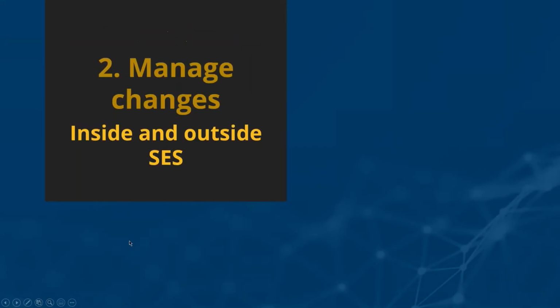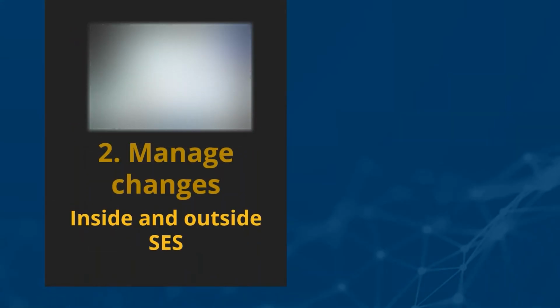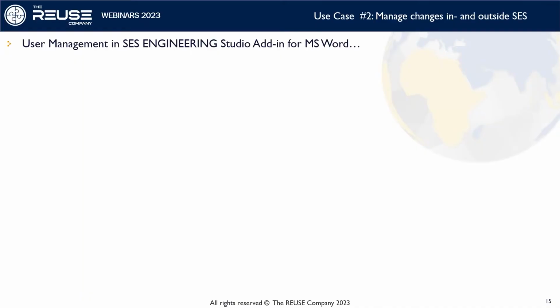So the second use case is about managing changes inside and outside the plugin. As I mentioned, we are working here in the Word environment. We're bringing requirements management capabilities in Word to compensate what Word is not offering in this area.